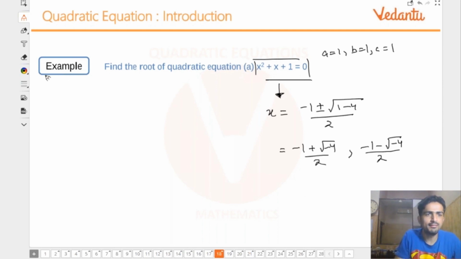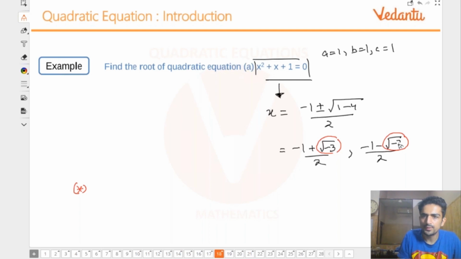Guys, we very well understand that the root of a negative number is not a real number. This is certainly not real. I am just introducing it here. We will be studying this term later on in detail.